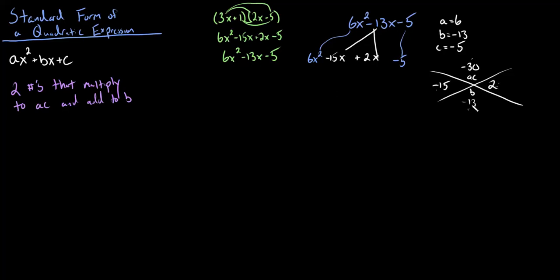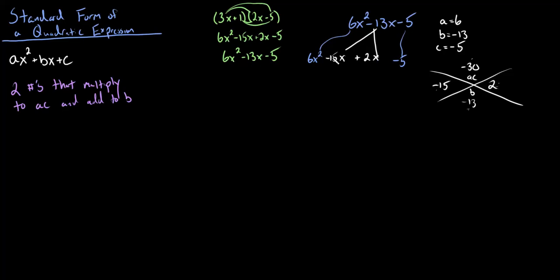And remember, factoring is just undoing multiplication. Take a look at what we have right here. When we multiplied this out, I got 6x squared minus 15x plus 2x minus 5. So as you can see, what this allows us to do is to find what those two terms were before we combined them to become negative 13x. Because we actually didn't change the problem at all. Negative 13x is negative 15x plus 2x. So this would just combine to negative 13x.